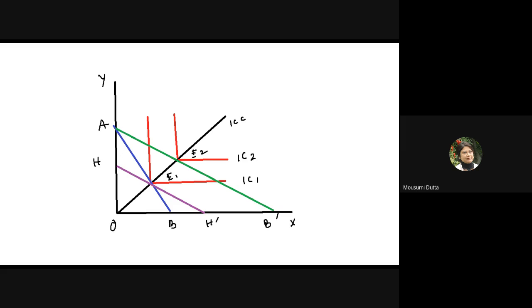And so the price effect is equal to the income effect.